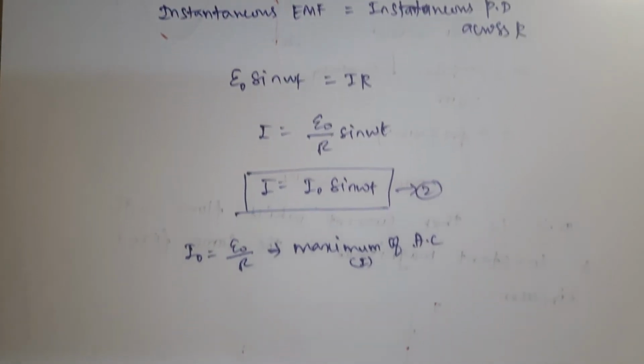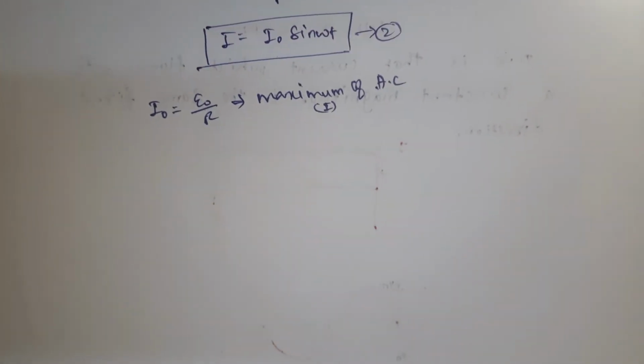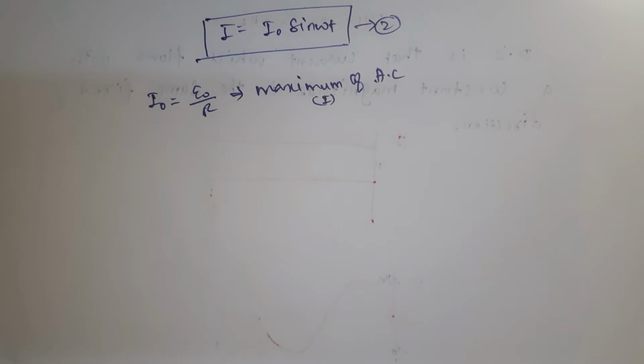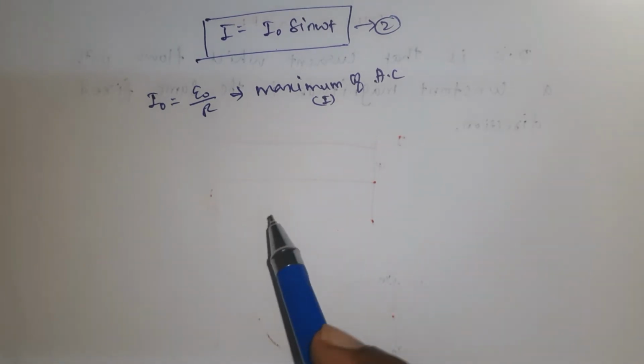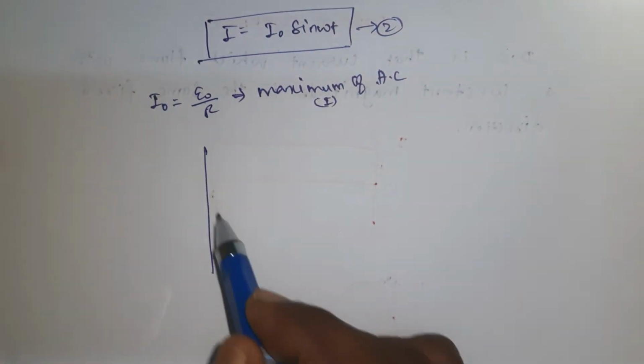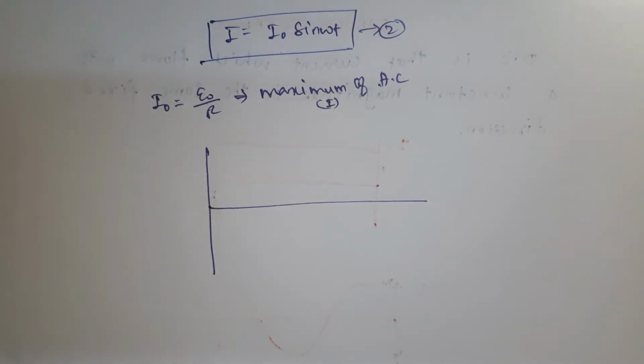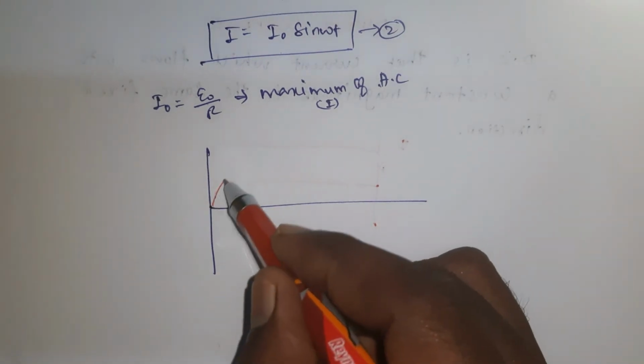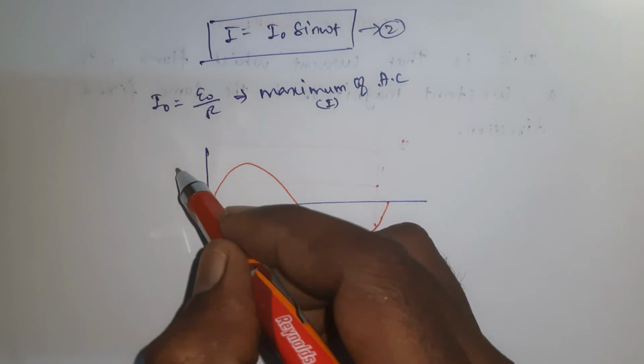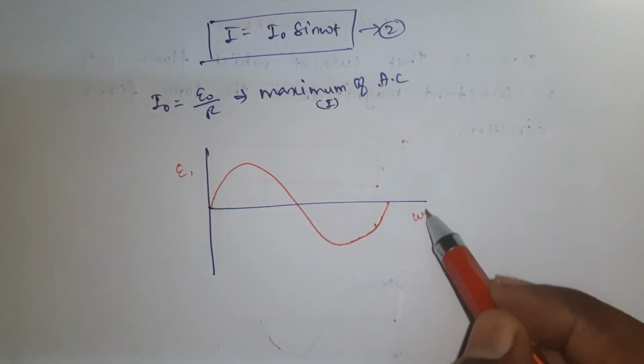Now we'll see it in the graph. We can plot the graph E versus omega t and I versus omega t. For the AC voltage source, we draw like this. This is E, this is omega t.